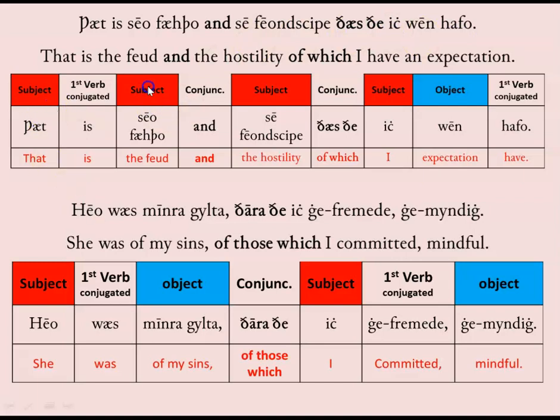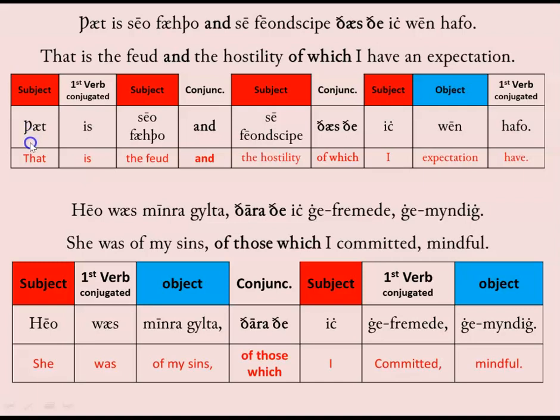Here you have the primary clause: subject, first verb conjugated. Now, seo fæhthu is also a subject, that is the feud and the hostility. Both seo and se mark them out as being in the nominative, so they are subjects, referring to an object or a thing.